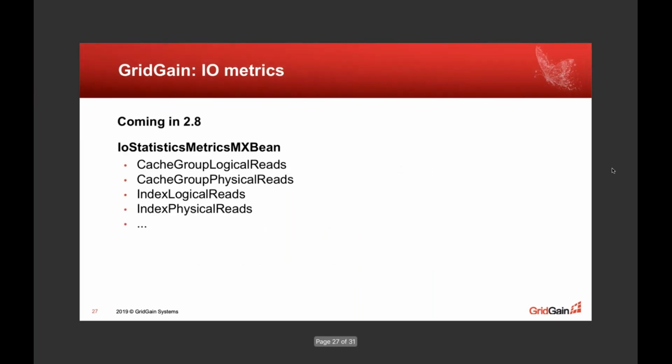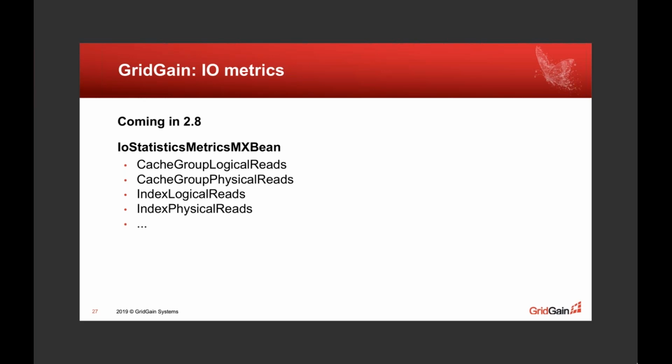Also, it's planned to include in Ignite 2.8 additional metrics that will show how many pages were accessed during the work of a node, and how many index pages, and how many logical operations led to physical operations that went to disk, and based on it you can find issues with page replacement, and you can identify some improper configuration.